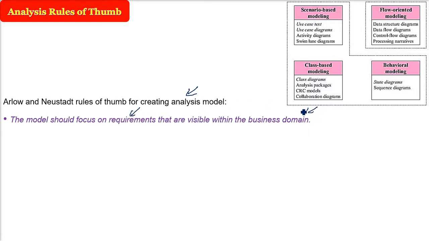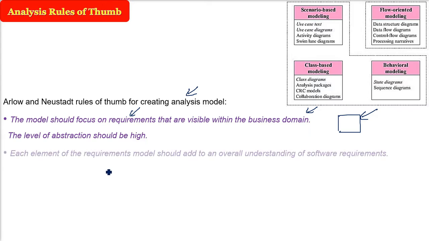The work, the business for which you are making the software, the level of abstraction should be very high. You have to think of the full software as a whole. Don't go into the details here. The level of abstraction can be high here, only talking about the business domain which will be visible clearly to the user.